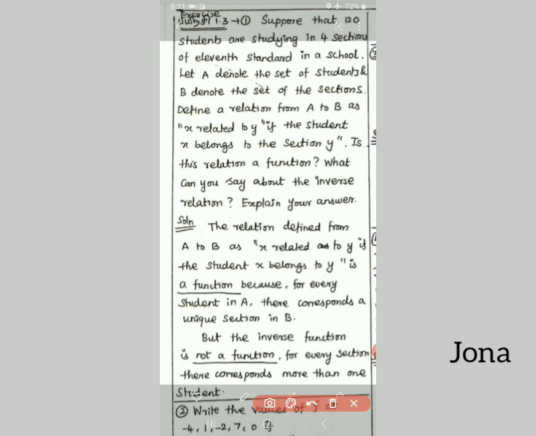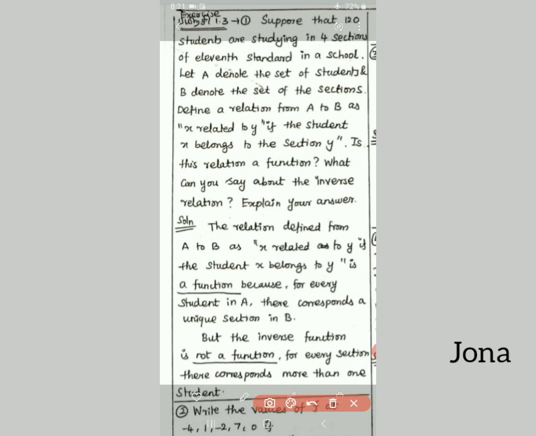Define a relation from A to B as x related to y if the student x belongs to the section y. Is this relation a function? What can you say about the inverse relation? Explain your answer.